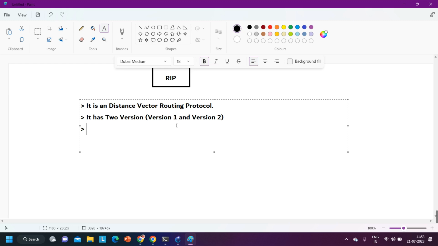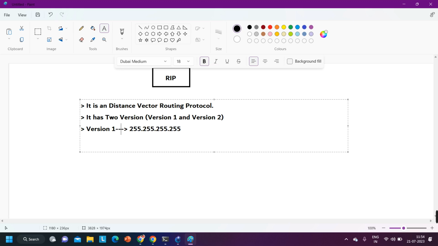what is the multicast address of RIP version 1 and version 2? In RIP version 1, the update message will be sent on the broadcast address 255.255.255.255.